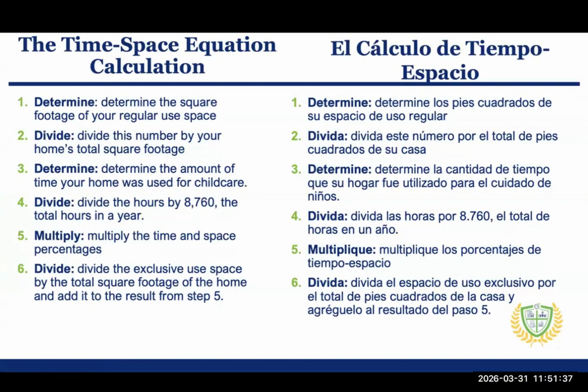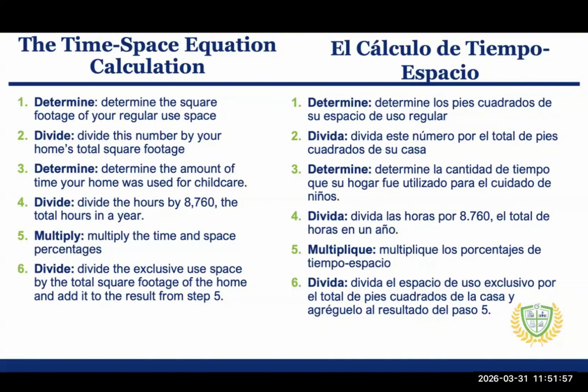First, we want to determine the square footage of your regular use space. Remember, regular use space means your shared use areas, so areas that you share for both personal and business.